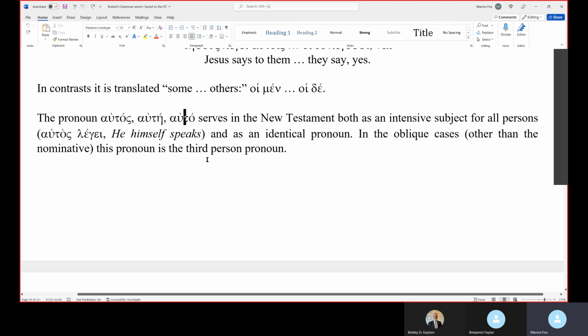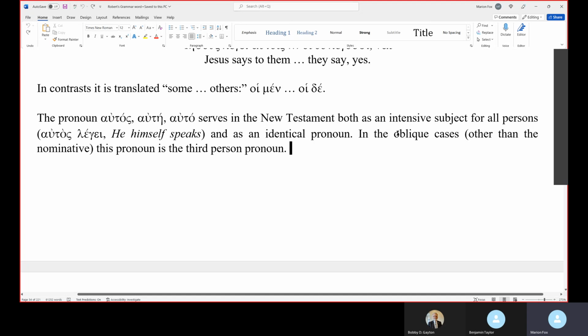That's the standard format. It serves in the New Testament both as an intensive pronoun for all persons, autos lege, he himself says. Now we're going to look at the structure of these to tell us whether it's intensive or has another function. It could be an identical pronoun, say, he himself says.